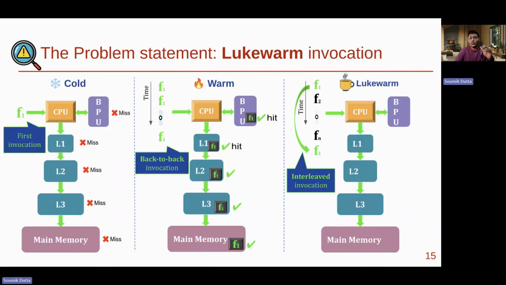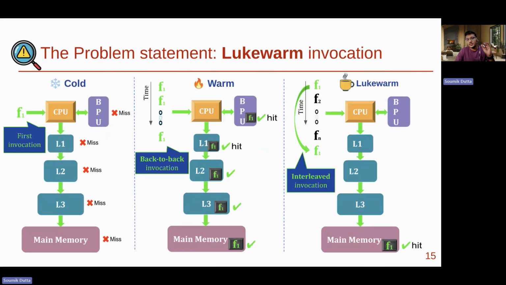In contrast, when a function interleaves, that is, in between reinvocations of the same function, other functions come and run on the same CPU core, then what happens when the function, let's say here f1, gets reinvoked after a while?